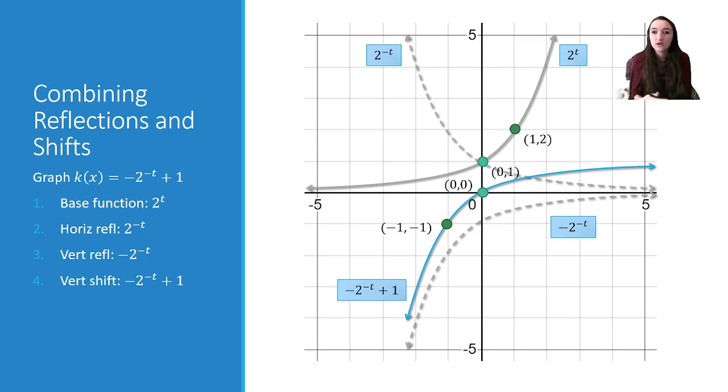So not knowing about the exponential 2 to the t or what that graph looks like, as long as you're given it, it doesn't matter if you know what negative 2 to the negative t plus 1 should look like. As long as you're given a starting graph, you can do all of these transformations. So that's the point of this problem.